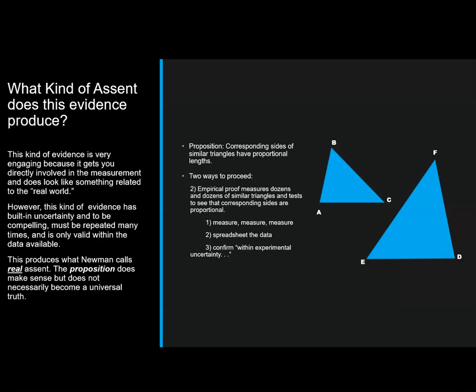This produces what Newman calls real assent. The proposition does make sense, but it can't be called a universal truth like we could with the logical, step-by-step proof from definition that we did before.